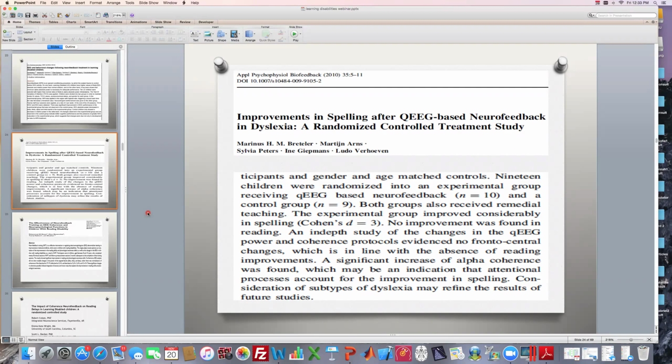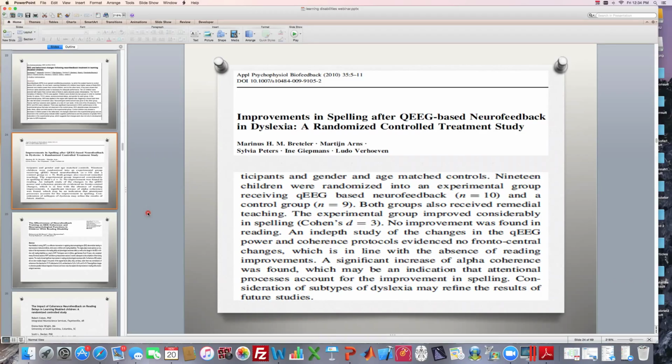They did QEEGs compared to a normative database, and interestingly, did coherence analyses based on pairwise coherence metrics, which, if any of you have heard me talk before, you know there is some concern about. They did not find that any of their dyslexic subjects showed a dysfunction in the left hemisphere based on coherence analysis.